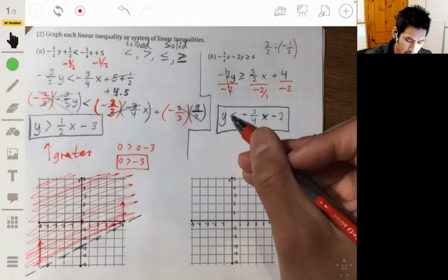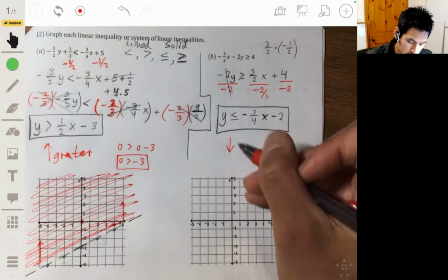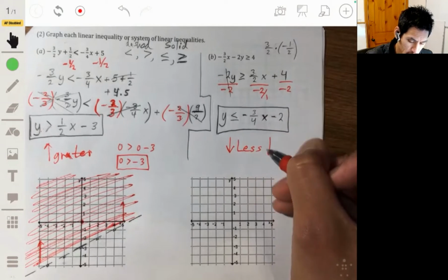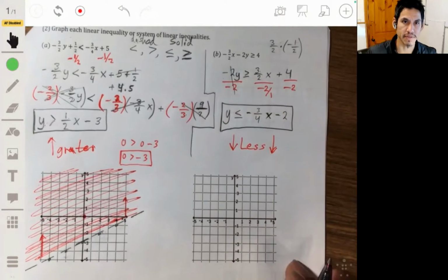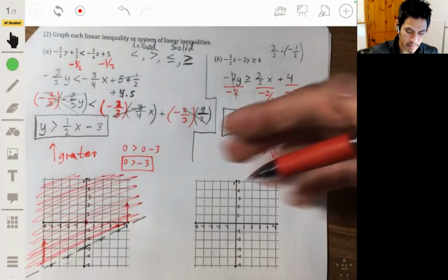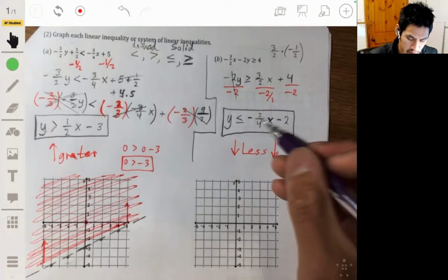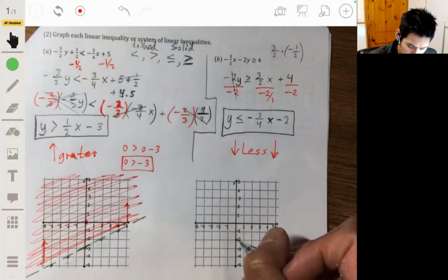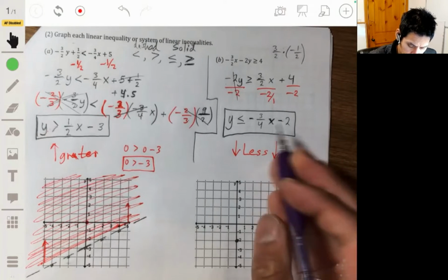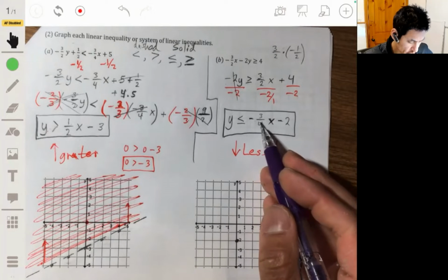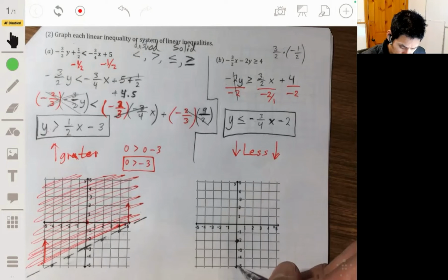And here we're saying y is less than or equal to, so we're talking about below the line because we're saying less. I like to sometimes use arrows to symbolize. So we're talking about downward, below this line. Let's graph this line. Y-intercept of -2, slope of -3/4, so down 3, to the right 4.